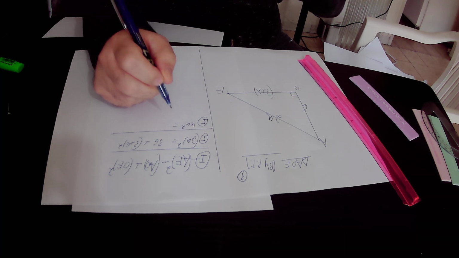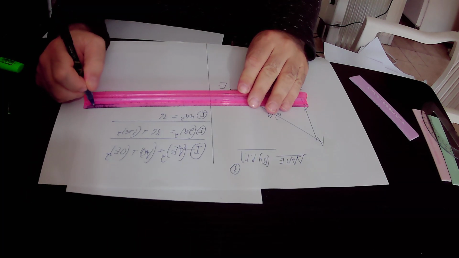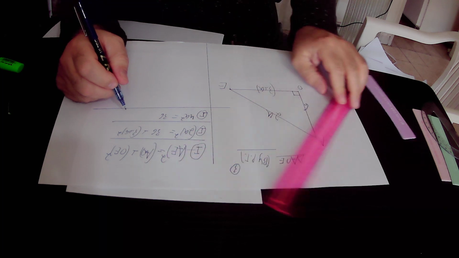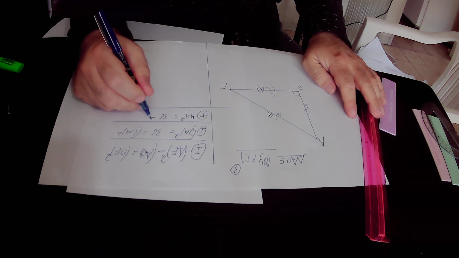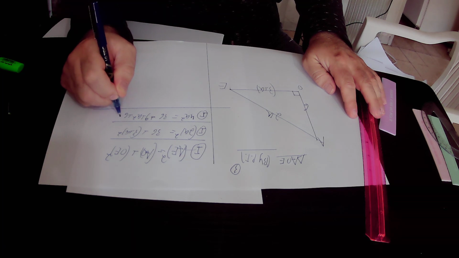That is equal to 36 plus 3 plus A squared. 3 plus A squared is 3 squared, that is 9, plus A squared plus 6A.